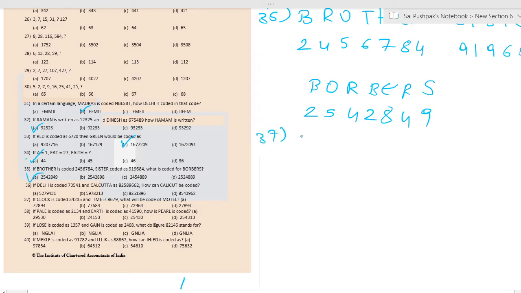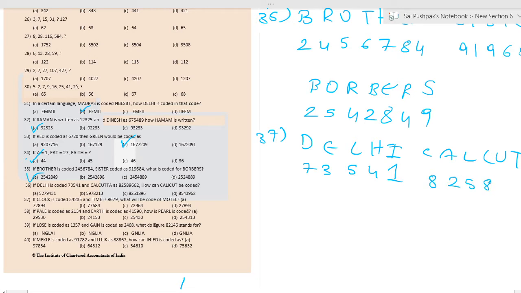Okay. 37th one. Delhi, DELH, is coded as 73541, and Calcutta, CALCUTTA, is coded as 82589662.